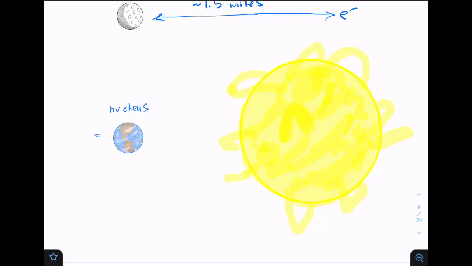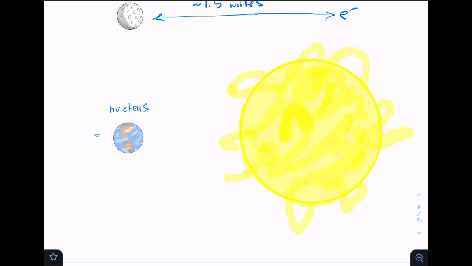I'm showing you the Earth and the sun. Anyone know what the approximate distance is between the Earth and the sun? Somebody always knows that number in class. What did you say? 96. I think it's 93, but it depends, I guess, where you are in the orbit. Whatever it is, 93, 96. My notes say 93, so I'm not saying you're wrong, all right?